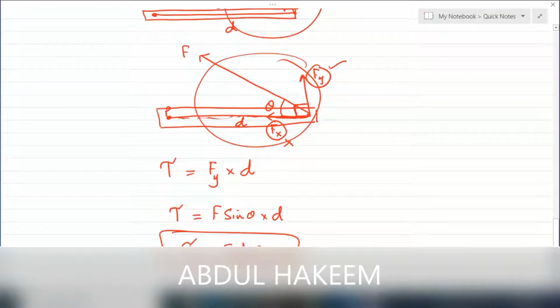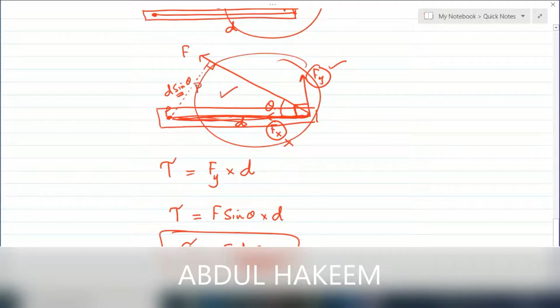Now, d sine theta is the perpendicular distance. So when you draw a perpendicular from the pivot to the force, this is actually the perpendicular distance, and this is d sine theta. If the question is, draw the perpendicular distance between force and pivot, so this dotted line is the perpendicular distance, meaning this is d sine theta. Look, this is d. This is a right angle triangle. This theta is the angle.